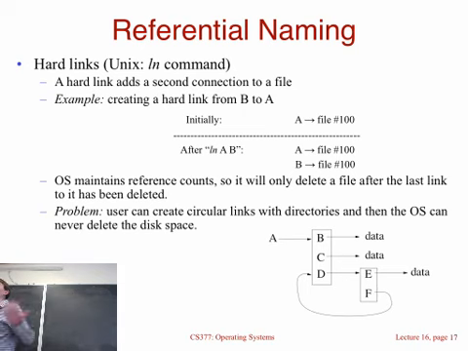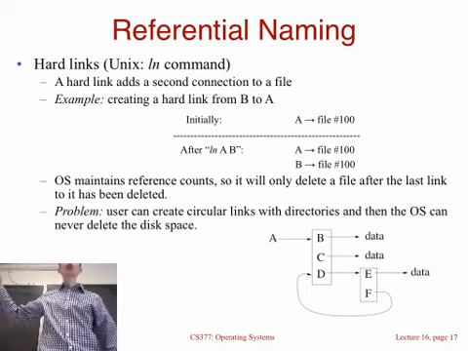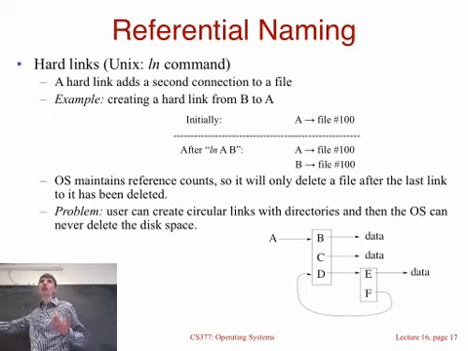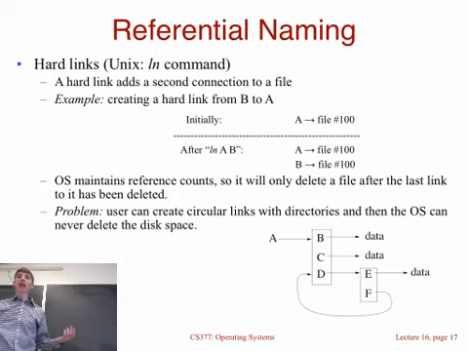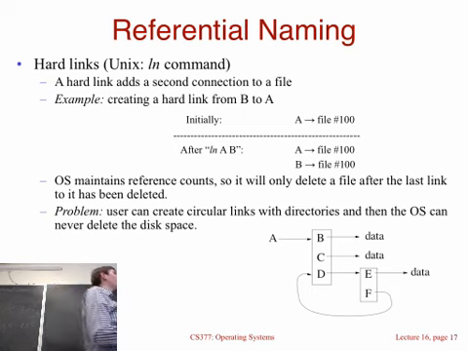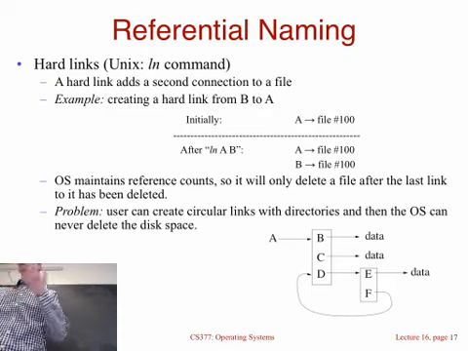But if we allow ourselves to hard link directories, then we could end up with something like this, where what if I take this and hard link it to the root directory? Then essentially we have a cycle, where we have /home/c/home/c/ and so on and so forth. That's a major problem if you want to do something like back up your file system or search your file system.